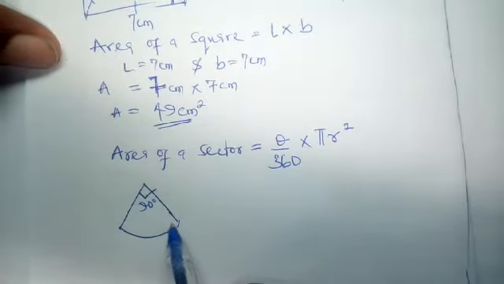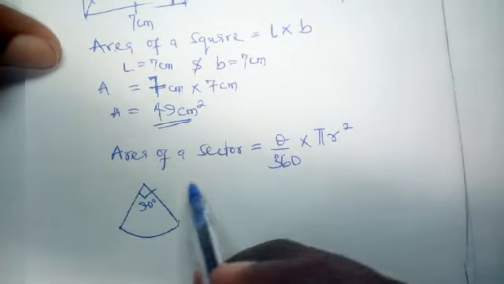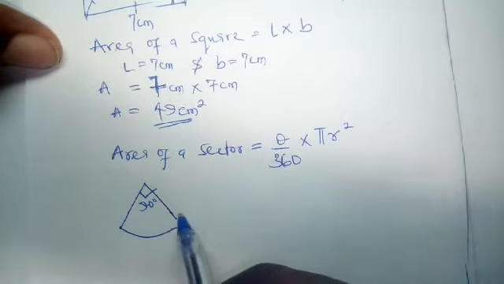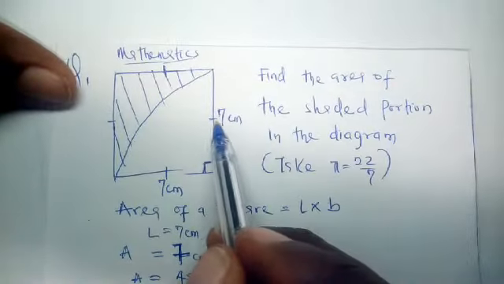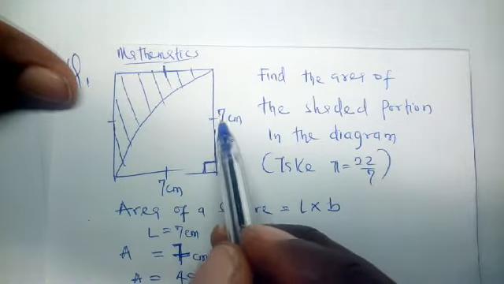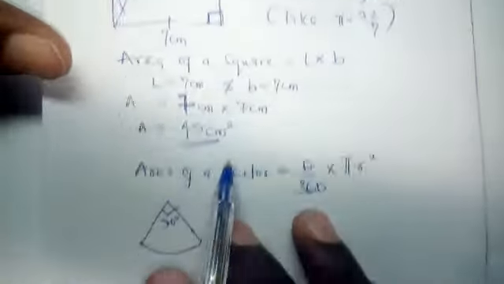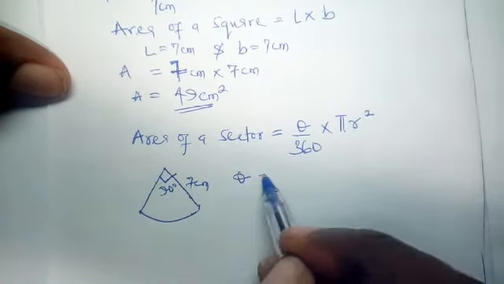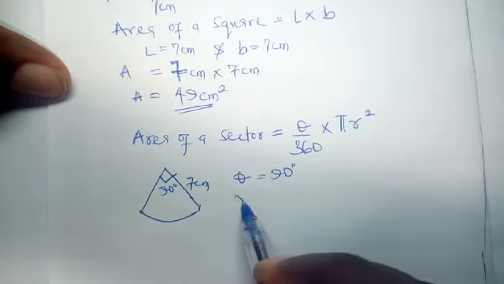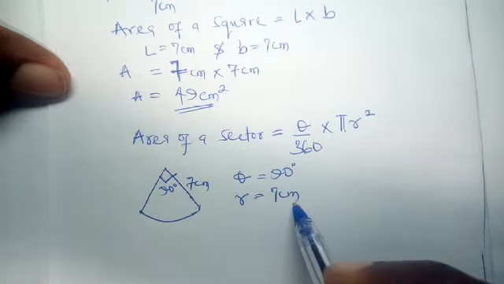So having obtained this, we can now obtain the sector. Now putting theta as 90 and r from our diagram is 7 centimeters. So we have theta as 90 degrees, r as 7 centimeters.